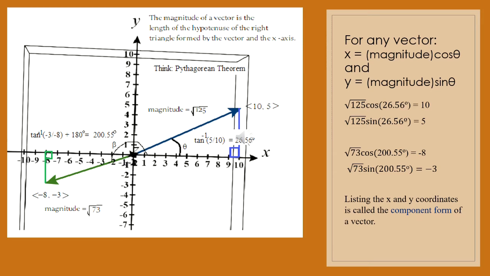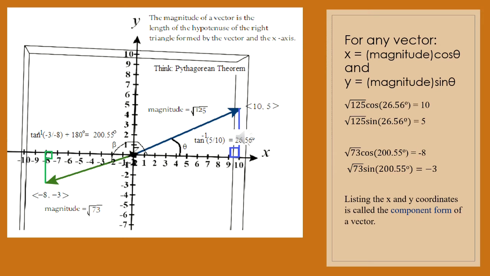Sine of 200.55 degrees is also negative, and so the square root of 73 times sine of 200.55 degrees gives us -3. So again, the x and y components always can be found by taking the magnitude and multiplying by cosine or sine of the angle, as long as the angle is measured from the positive x-axis counterclockwise.